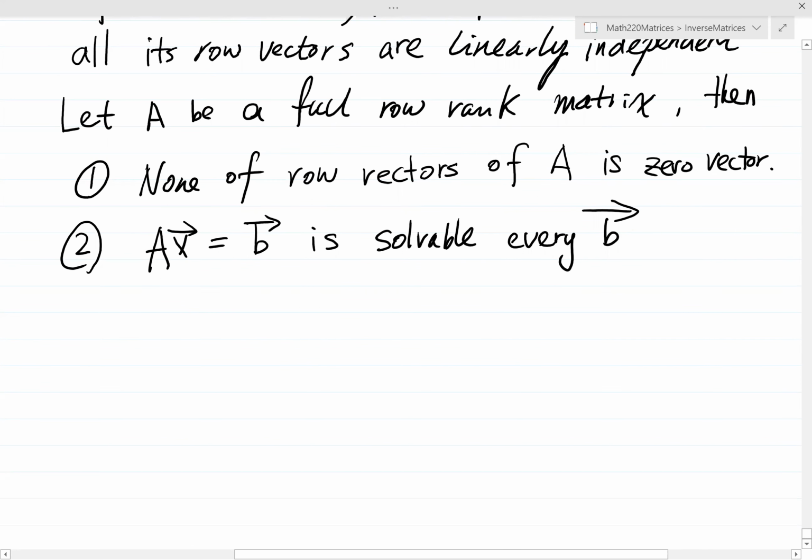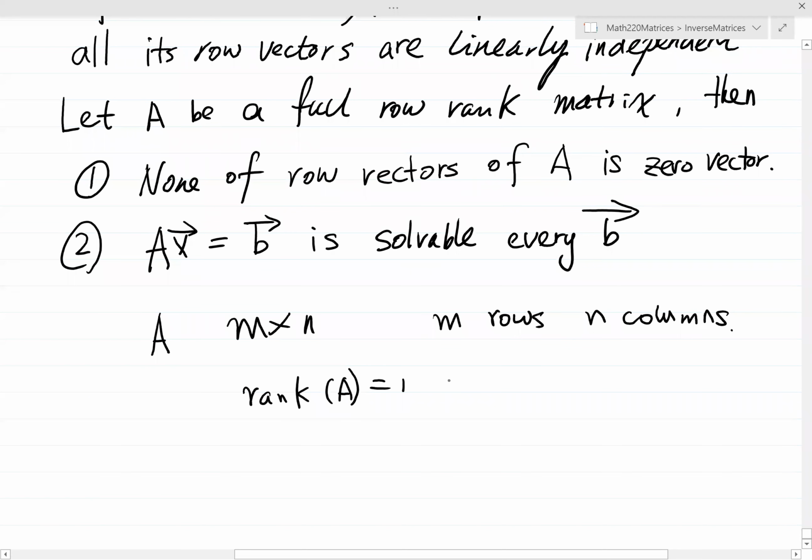Now suppose A is an m by n matrix, m rows and n columns. It has full row rank, so the rank of A is m, which is at most the minimum of m and n.